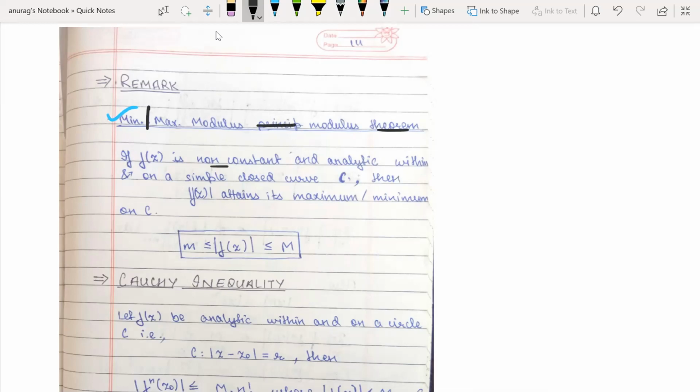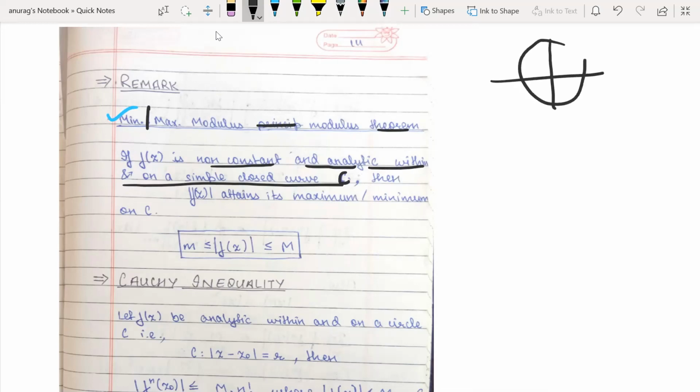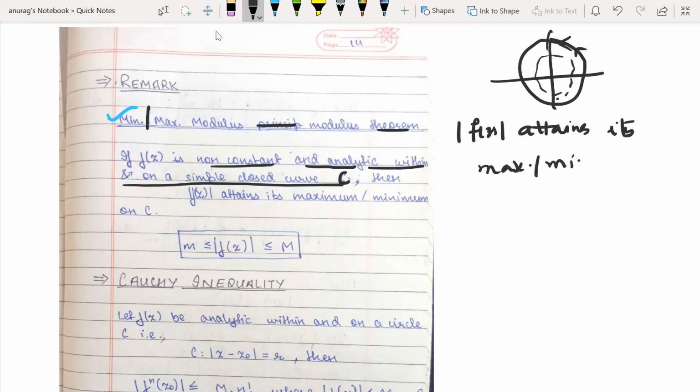If f(z) is non-constant and analytic within and on a simple closed curve C, suppose you have any simple closed curve C, and f(z) is analytic inside and even on the boundary, then the magnitude of f(z) attains its max or min on boundary C.